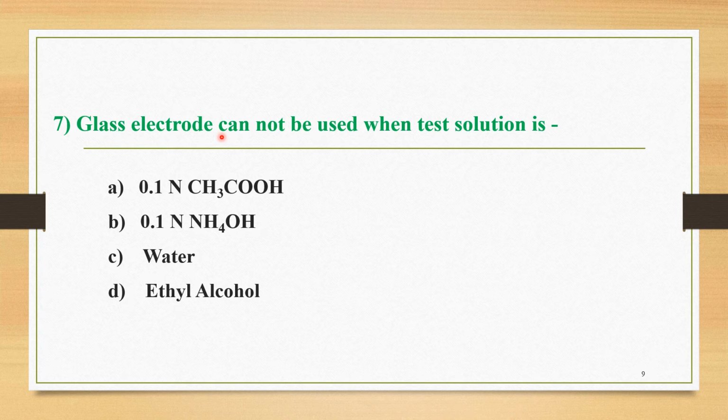So among these four, the correct option of question number 7 is option D, that is, ethyl alcohol. Glass electrode cannot be used when the test solution is ethyl alcohol, while the rest of the three solvents are aqueous solvents, and that's why glass electrode can be used in these remaining three. But in case of ethyl alcohol, glass electrode cannot be used.